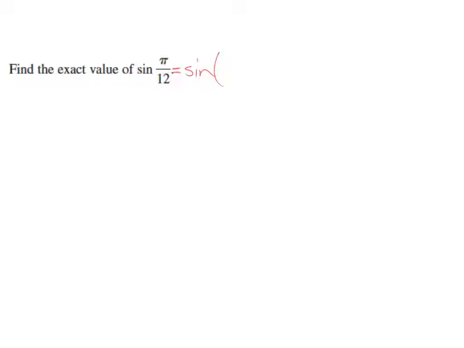If it were 6 and 2, we'd use 6. If it were 6 and 6, we'd just use 6. So we're going to use either something pi over 6 and something pi over 4, or something pi over 3 and something pi over 4. I say pi over 3 and pi over 4. How would you do that?